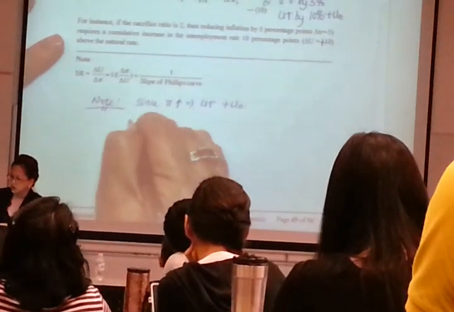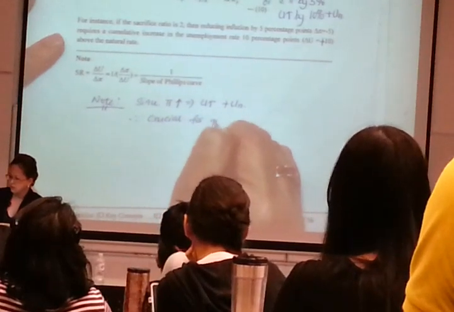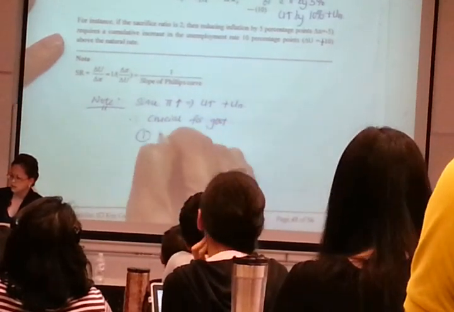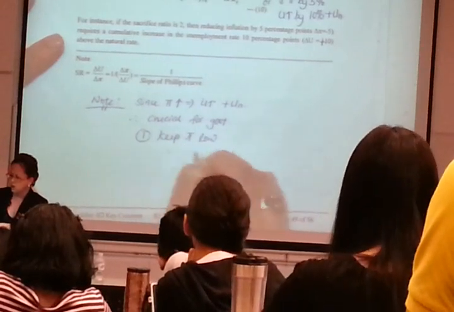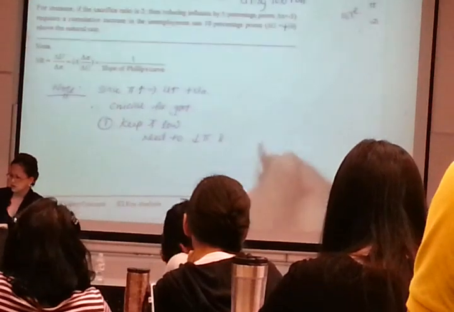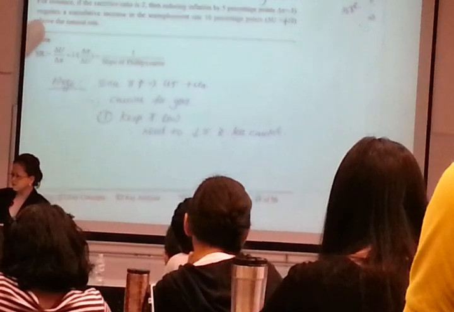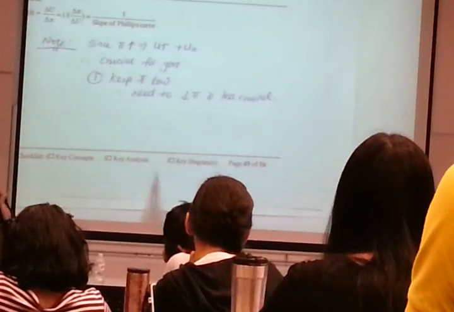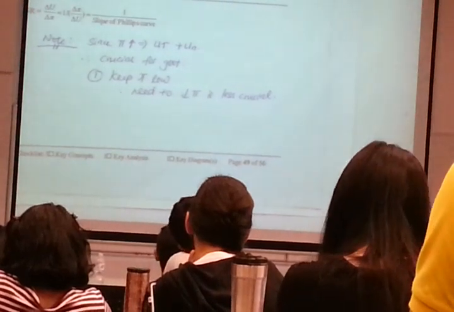So therefore it is crucial for government to keep pi low. Therefore, the need to reduce pi is less crucial. So if your inflation rate has been low, then if there is inflation, it is not crucial.